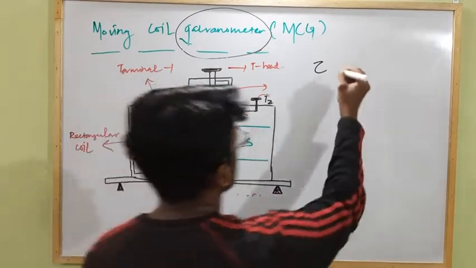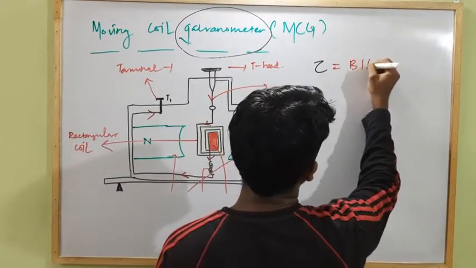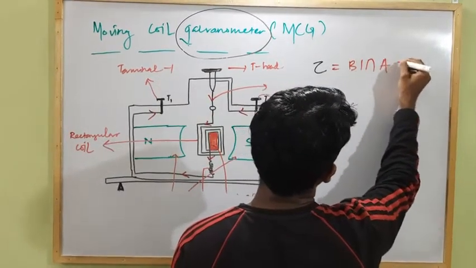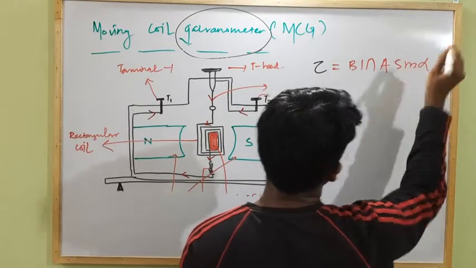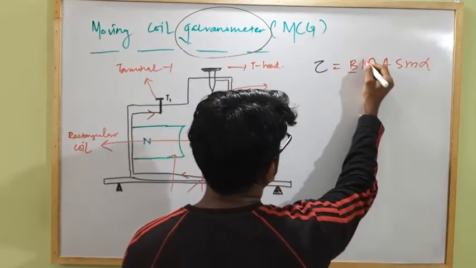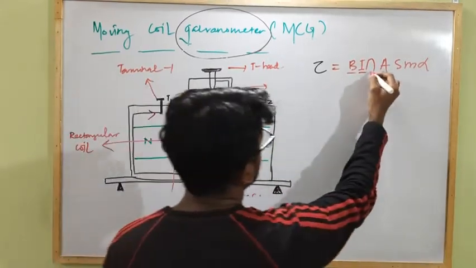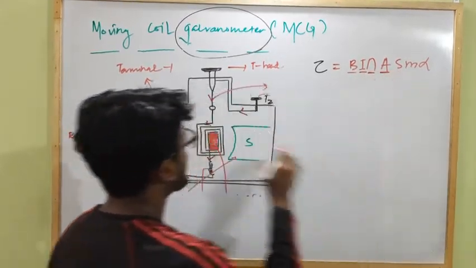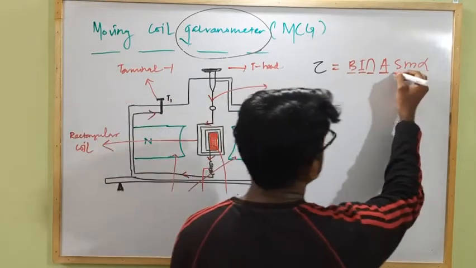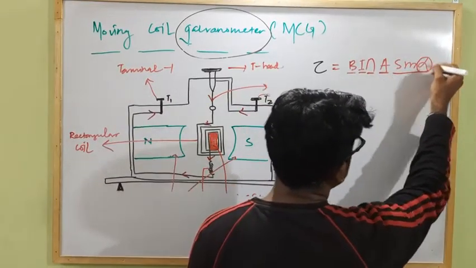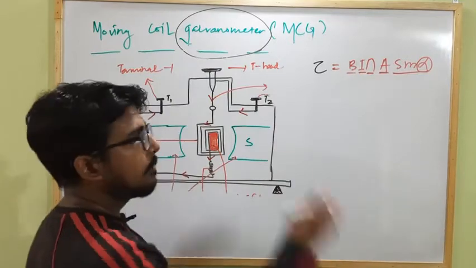What is torque? Torque equals B-I-N-A sin alpha. Here B is the magnetic field strength, I is the current flowing through the coil, N is the number of turns, and A is the cross sectional area of the coil, and alpha is the angle between area vector and magnetic field strength.